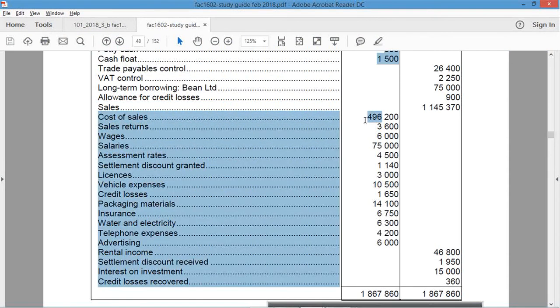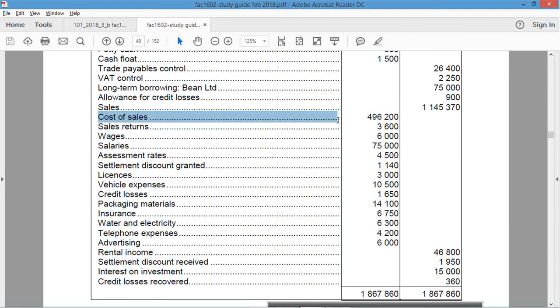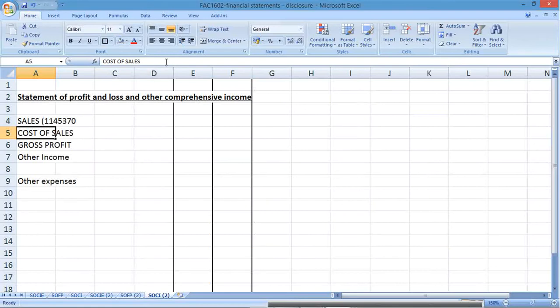What system are they using? Perpetual, because it's given. There could be returns, but not purchases, because purchases relate to a periodic system. So it's 496,200.